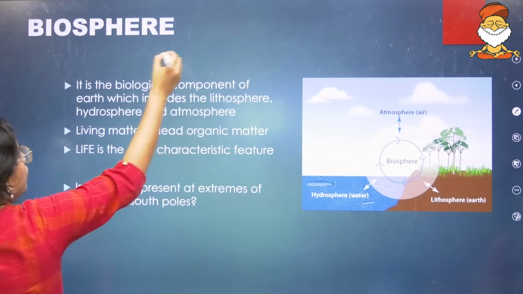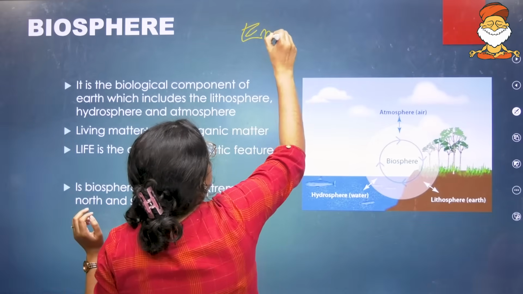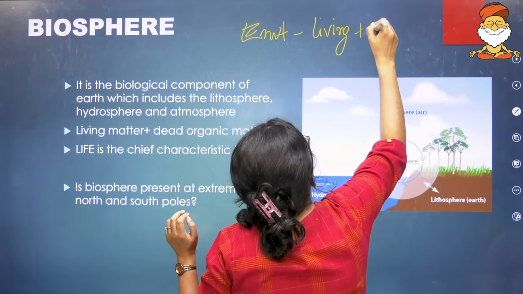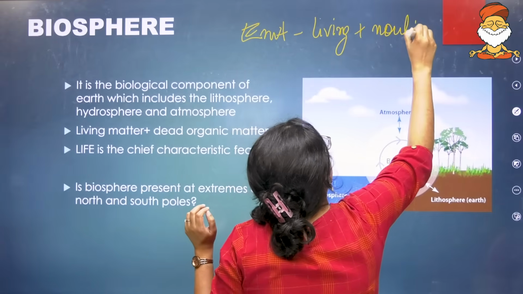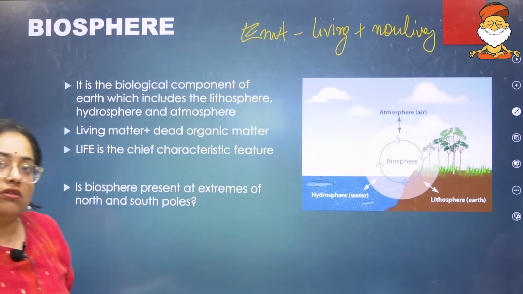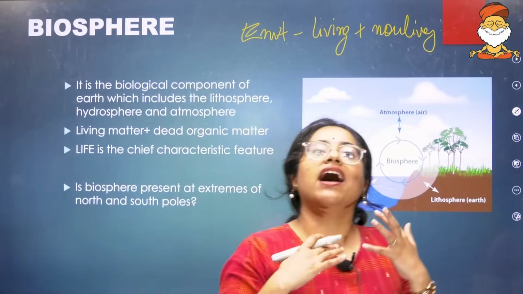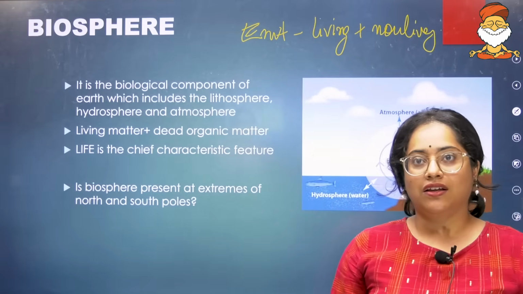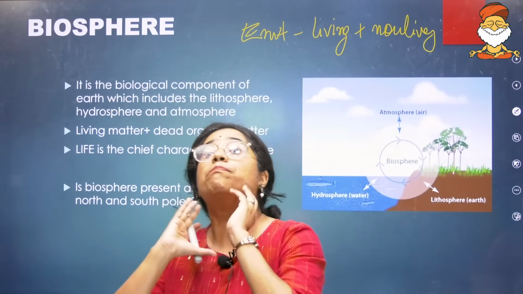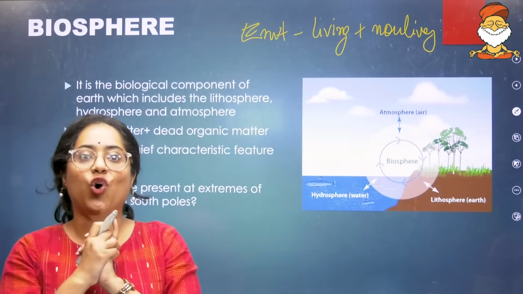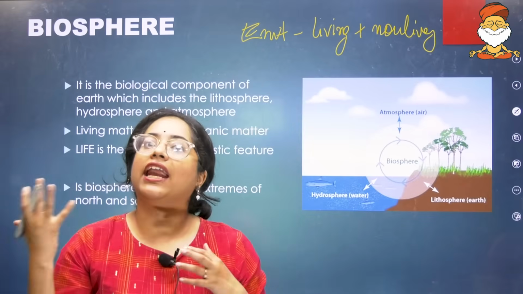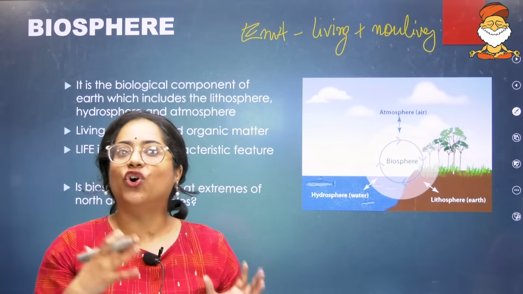So, in an environment, you have both living and non-living. Okay. Now, if you just have living things, or if it is just comprising of the biological components of the environment, that area together is called as biosphere.